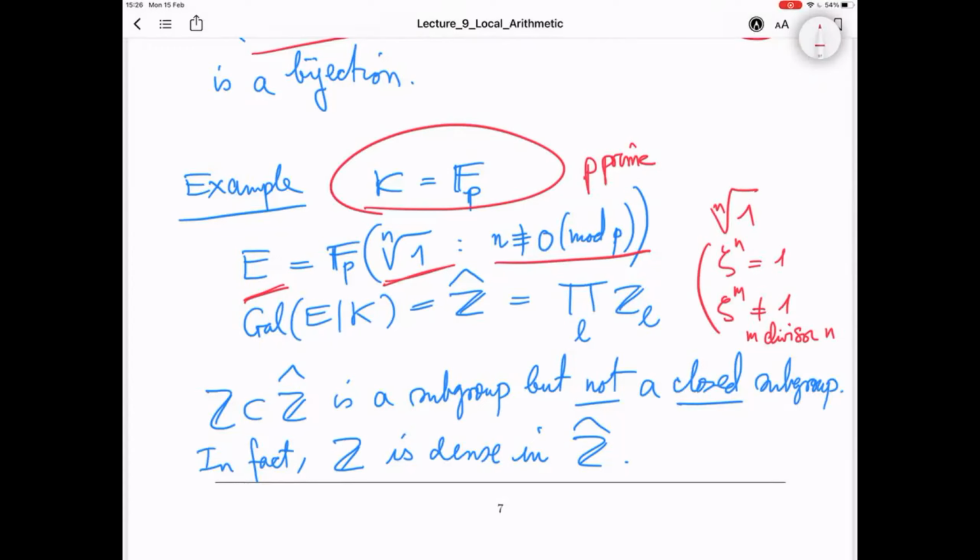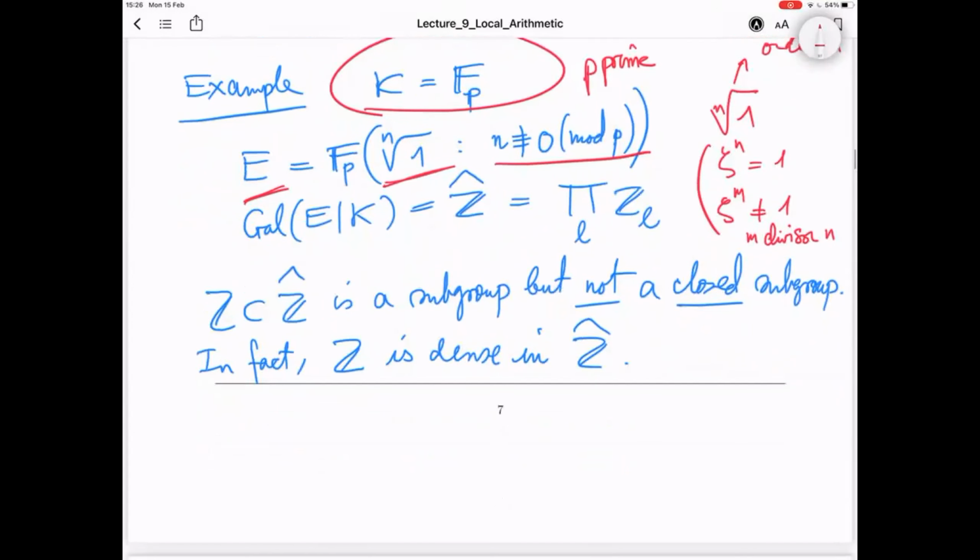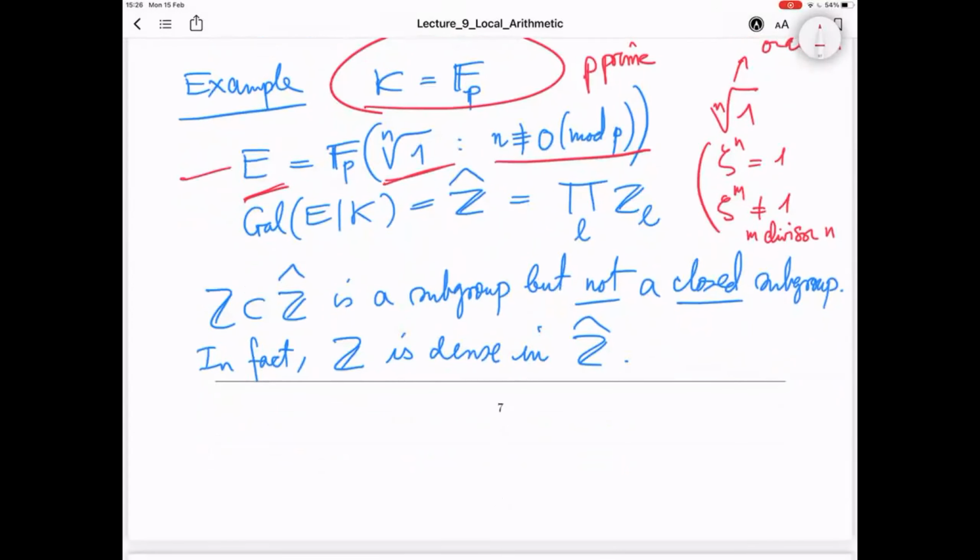Another way of saying it is that it's an element of order n in the multiplicative group.